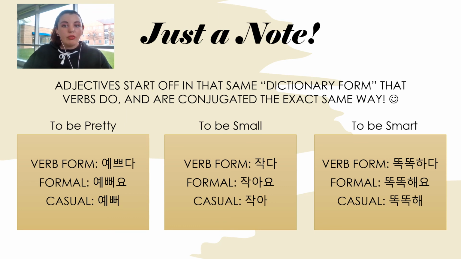Remember the 하다 form is the third rule that we have, where you just add 여요 to make 해요. So 똑똑해요, 똑똑해. 너는 너무 똑똑해. You are very smart.